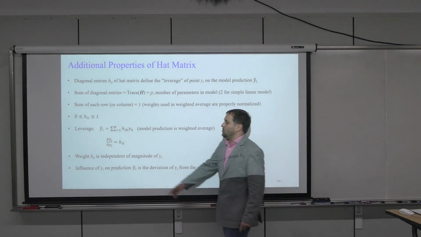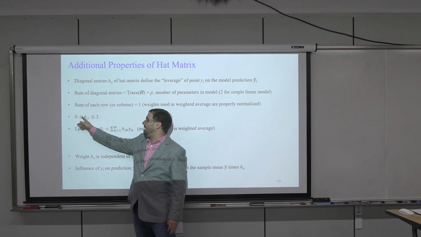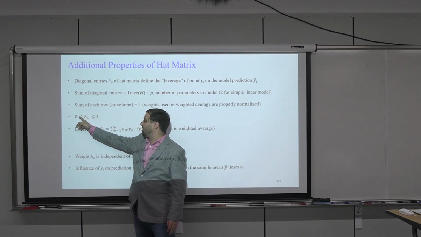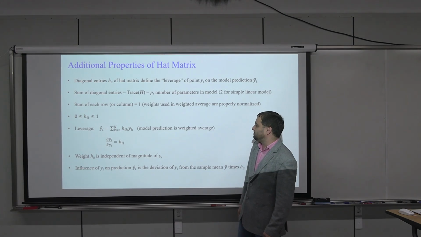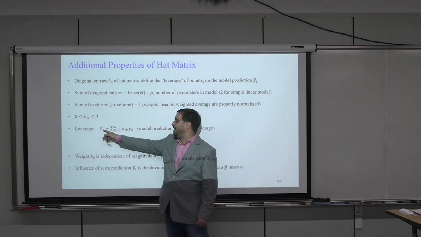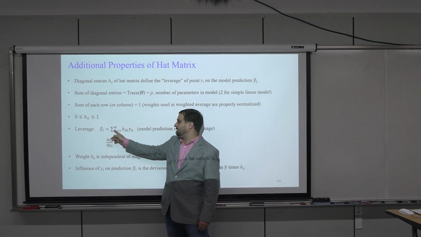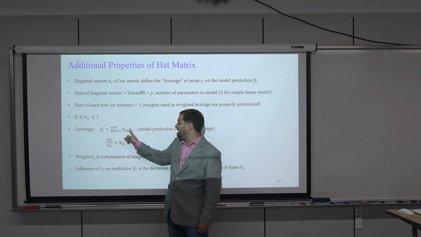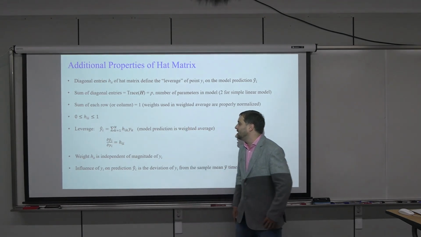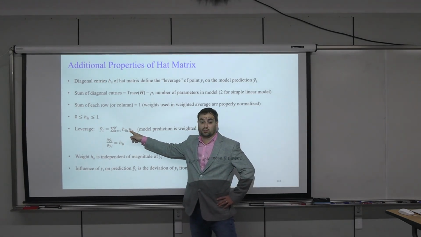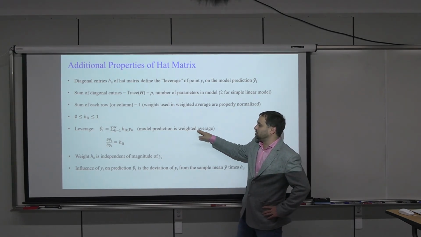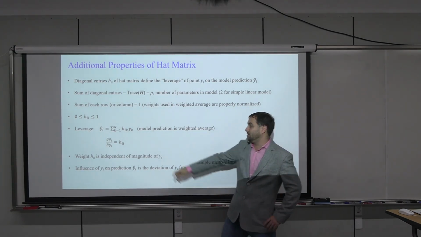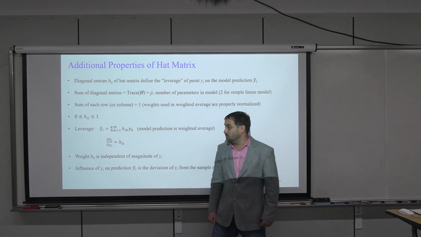Each H_ii is bounded between 0 and 1, and the Y hat is the summation of H_ik times Y_k. Remember, our Y's are the observed output data from our training set, so the model prediction is a weighted average of these output values.